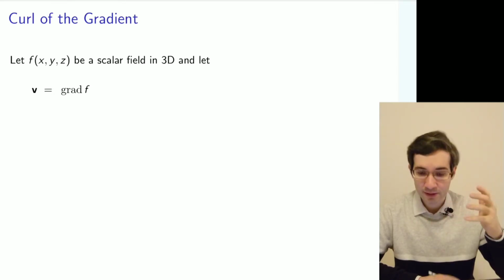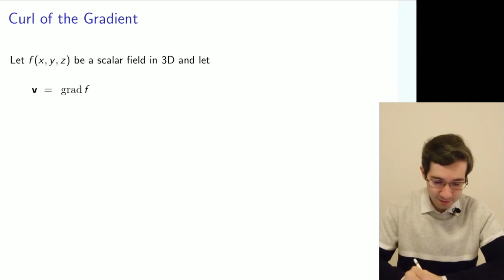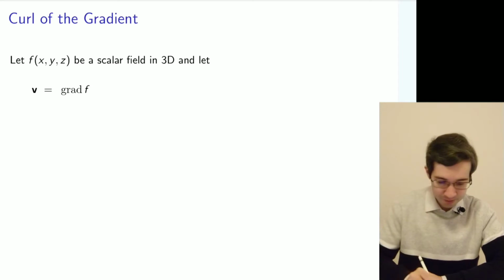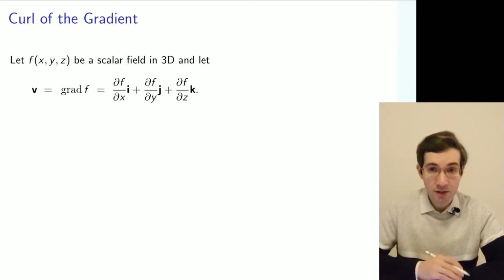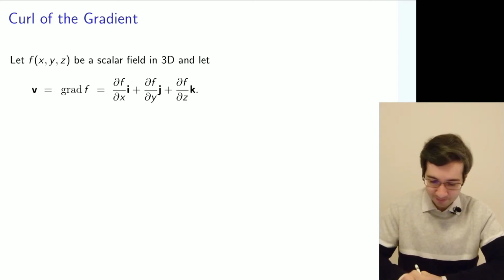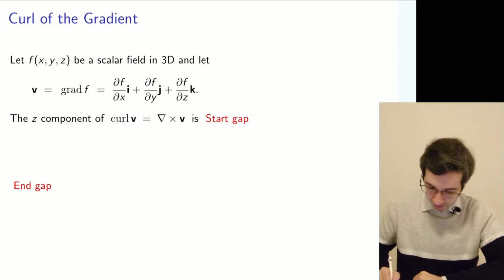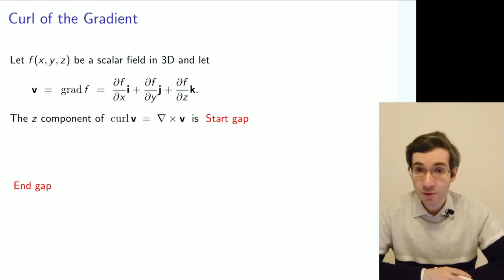So let's first take a gradient of a scalar field and then take its curl. By taking the gradient you get a vector field, let's call it V, and it follows the standard definition. So the question is, what will be the curl?